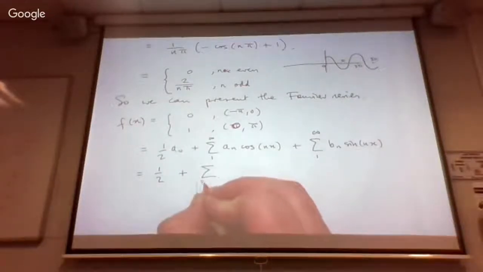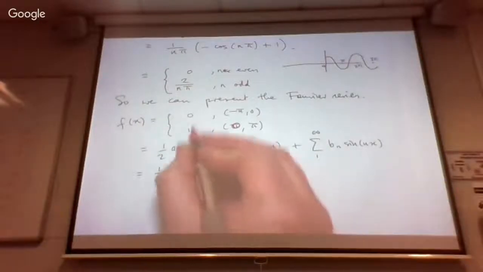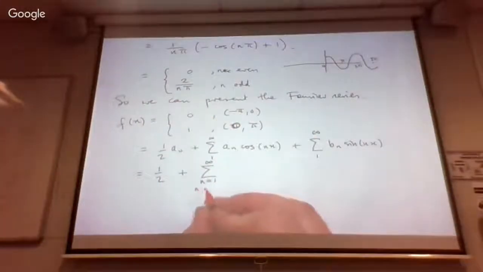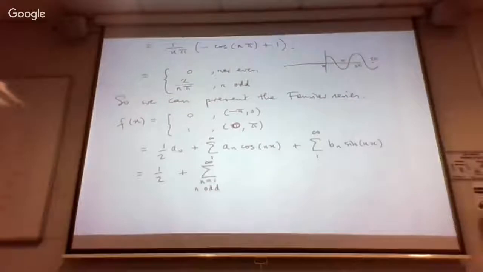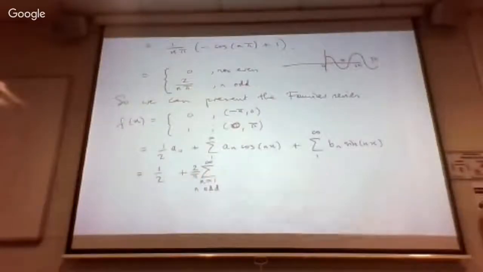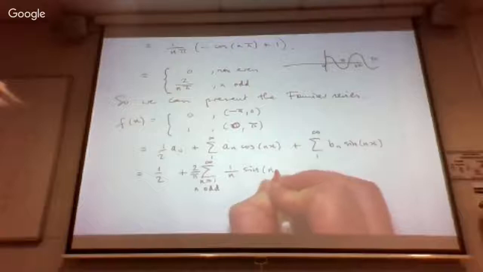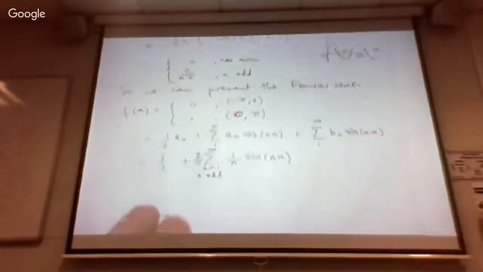So we're summing from every value of n from 1 to infinity, but we're only going to do it when n is odd. And in that case, you get 2 over n pi, but the 2 over pi we could slip to the front. And then we have 1 over n sine of nx.